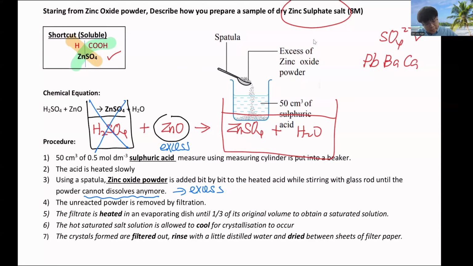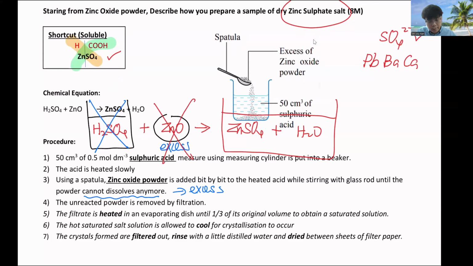Because this and this are both soluble, so they cannot be separated. I have to eliminate the orange juice first so that I can take out my Ribena. I don't want any orange juice in my Ribena. If not, later it's very hard to take out. So after you add until excess, no more acid, how do you take out this excess? You remove it by filtering, because after filtering, the insoluble solid can be removed easily.